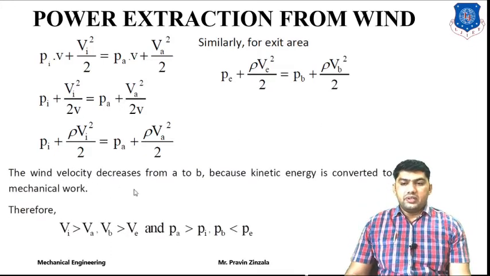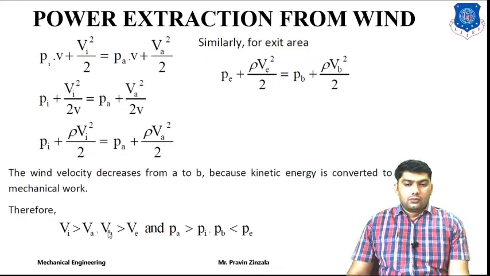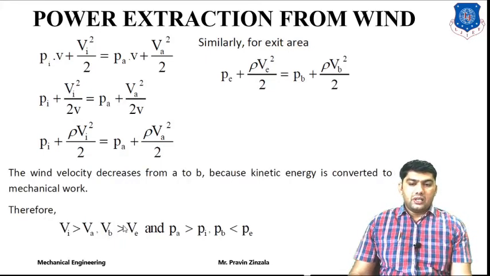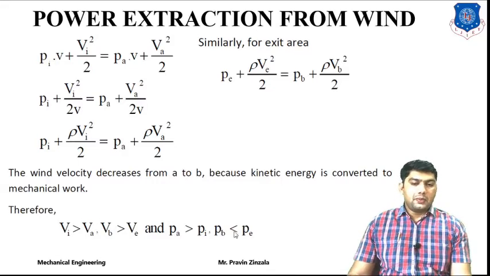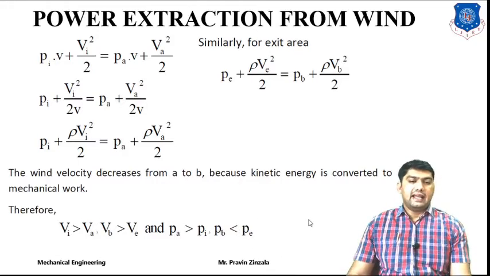In this equation we also consider that the inlet velocity Vi is greater than the inlet plane velocity. Similarly, the velocity at the outlet plane is greater than the velocity at the exit. Similarly, the pressure at the inlet plane is greater than the incoming side pressure, and the pressure at the outlet plane is less than that at the exit side.